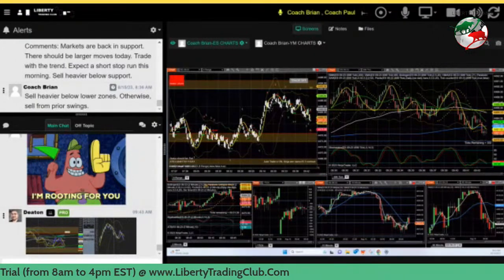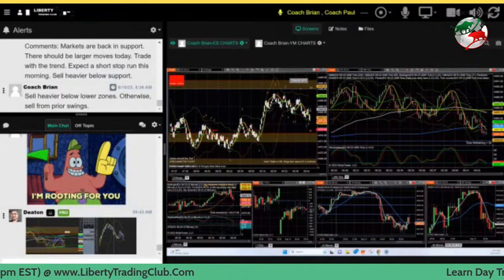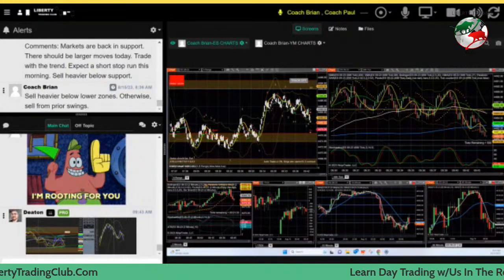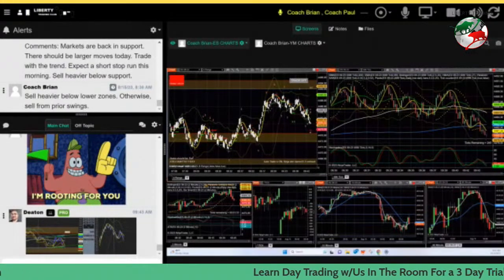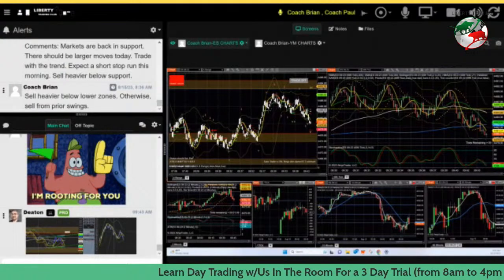Yeah, the volatility move to a zone on the YM conveniently gave you a second chance to get in. Yes, may or may not give you a second chance to get in.